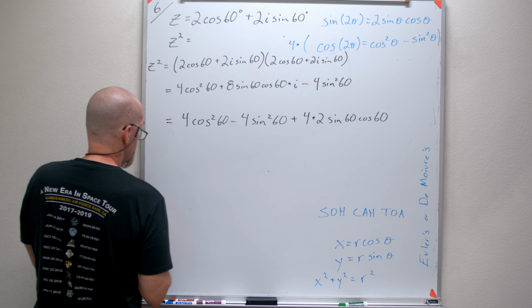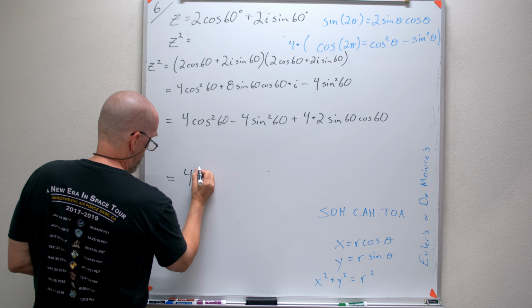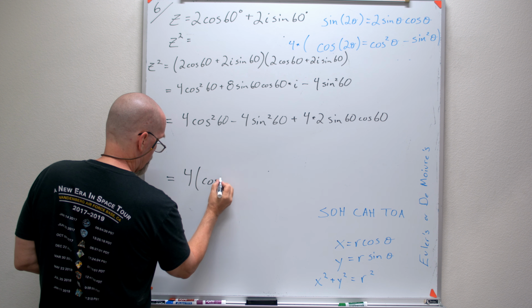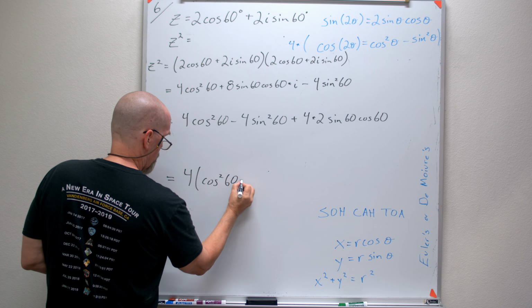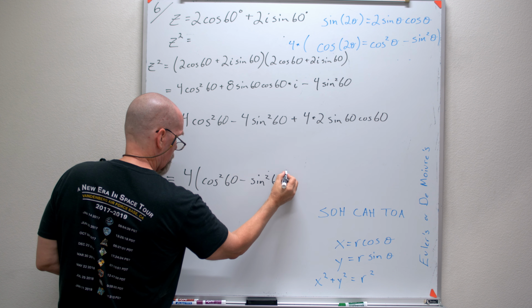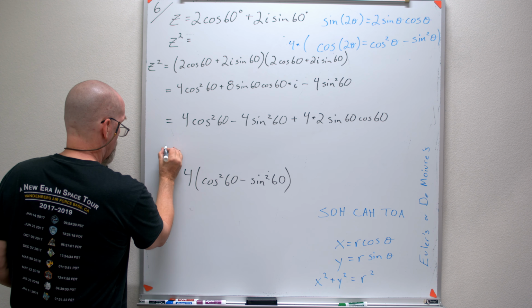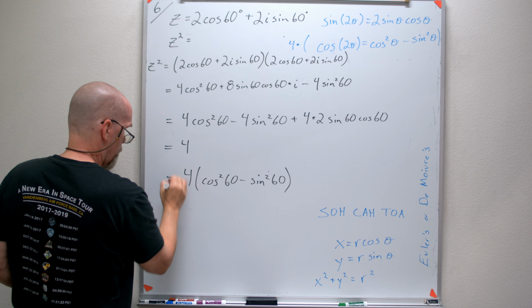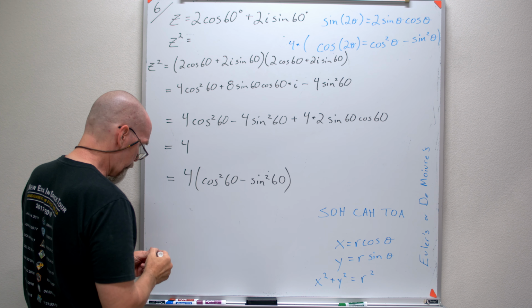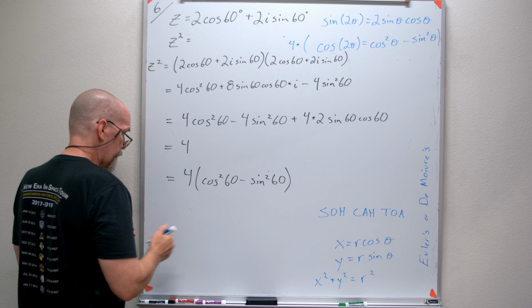So instead of doing what I just did up there, I'm going to factor this 4 out of both terms. If I do that, I'll leave a blank space. It would look like this. This 4 just stays a 4. The cosine squared minus sine squared theta exactly matches that, with theta being 60 degrees.